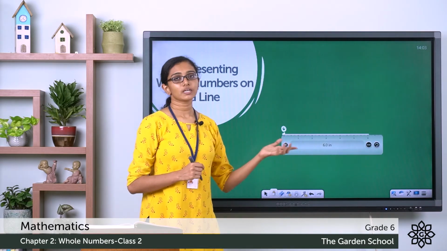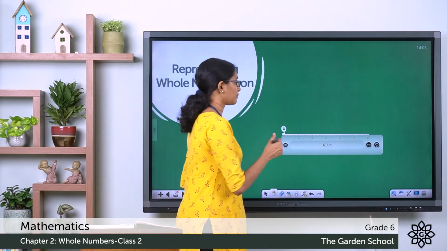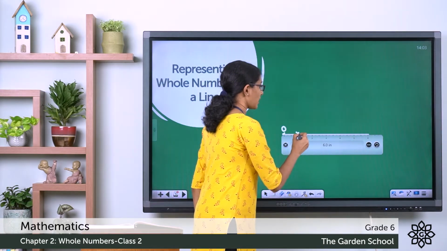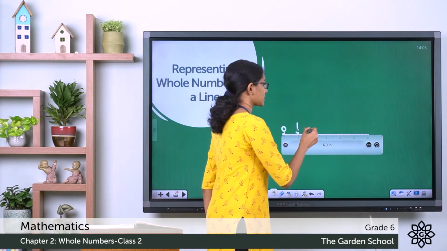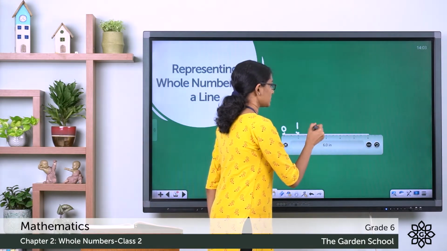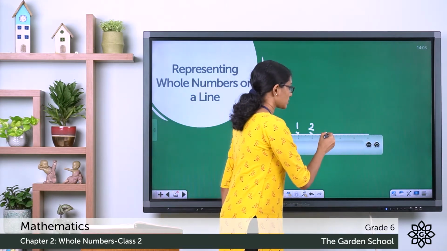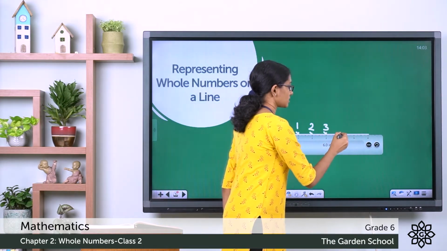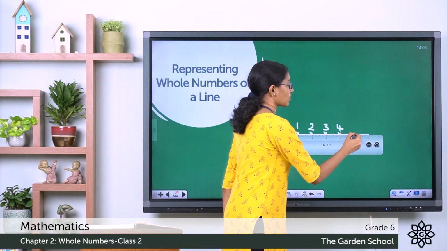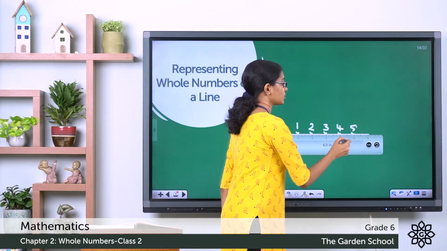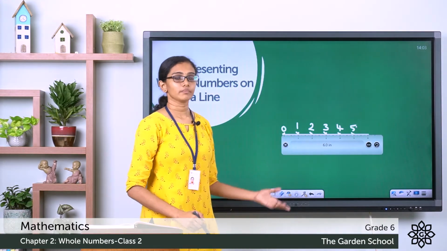So I am going to take 1 centimeter here. Leaving a gap of 1 centimeter, I am going to mark the next point as 1. Then marking the next point at 1 centimeter away, it is 2. I keep on doing this and I have drawn a number line to represent whole numbers.